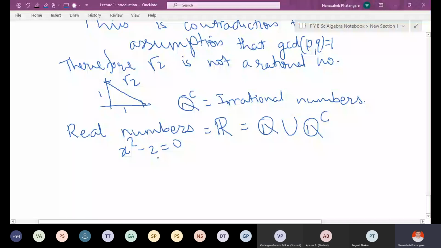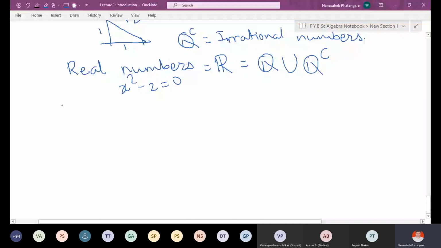Later on in history, people still thought that real numbers were sufficient for us. But while doing many calculations, people came across equations like x square plus 1 is equal to 0. This equation does not have a solution in real numbers. Suppose x is a solution, then x square will be minus 1.